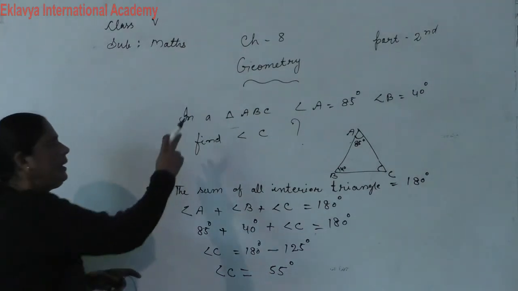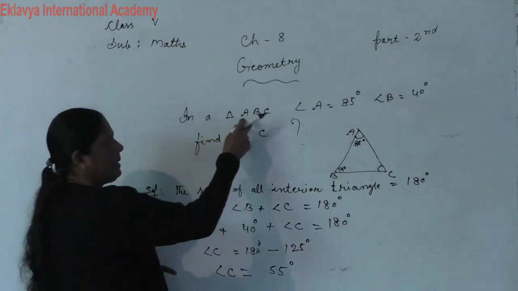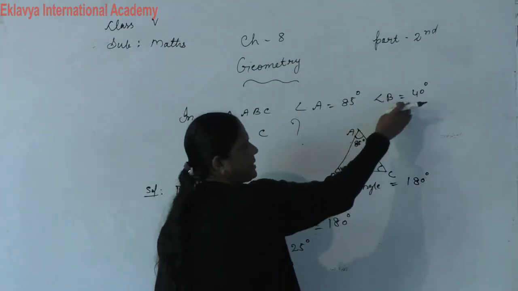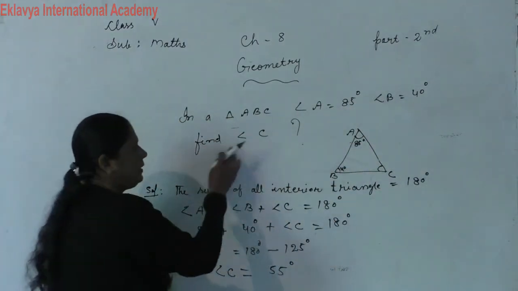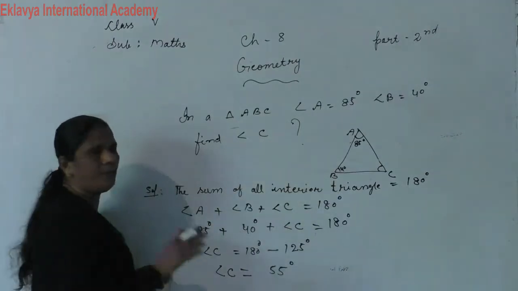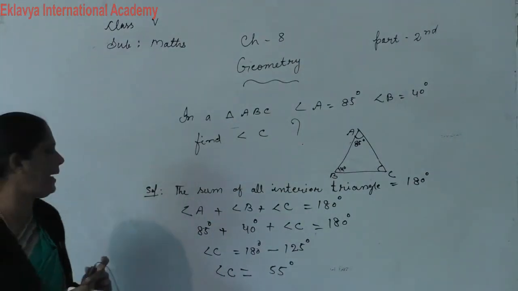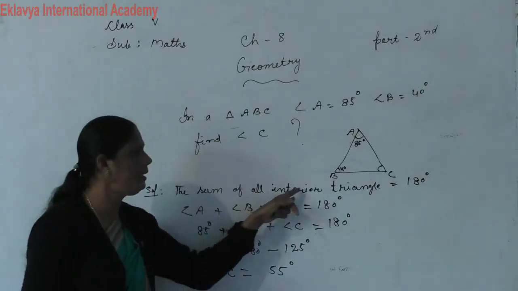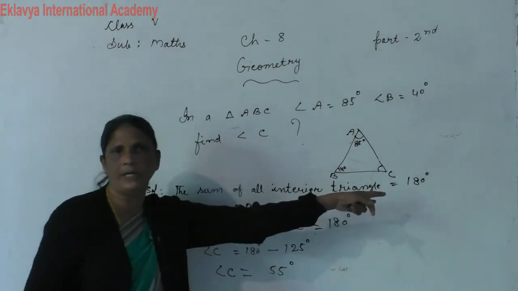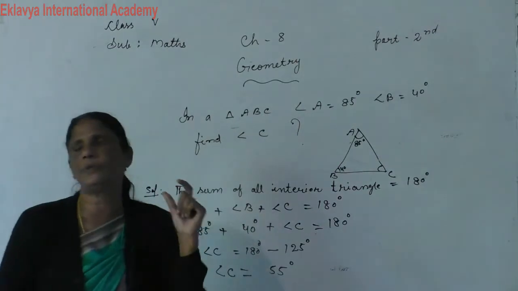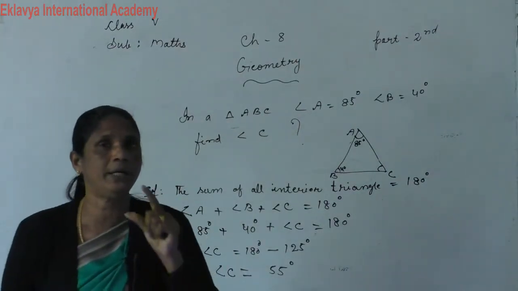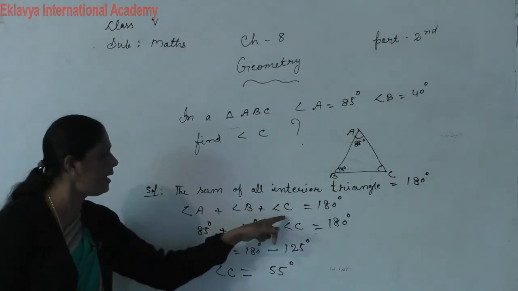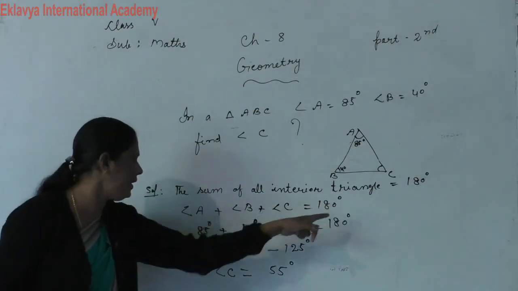Understand? In triangle ABC, angle A is equal to 85 degrees, angle B is equal to 40 degrees. Find angle C. First you draw a sketch triangle. Then you write the sum of all interior angles of a triangle is equal to 180 degrees. Then angle A plus angle B plus angle C is equal to 180 degrees.